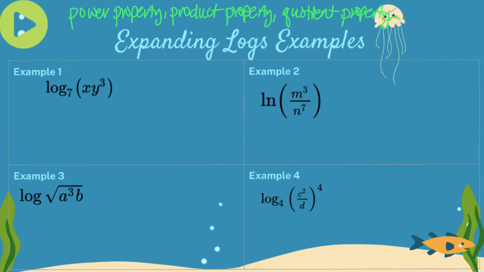In example 1, we have log base 7 of x times y cubed. Now I notice that right here we have this operation of multiplication, which allows me to use the product property.